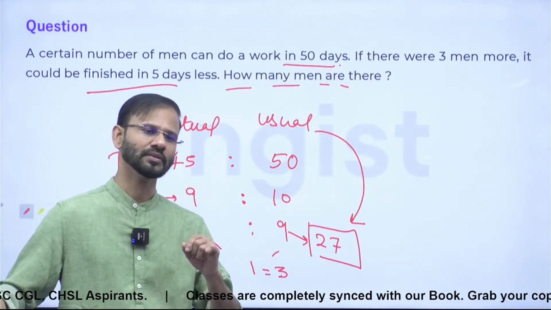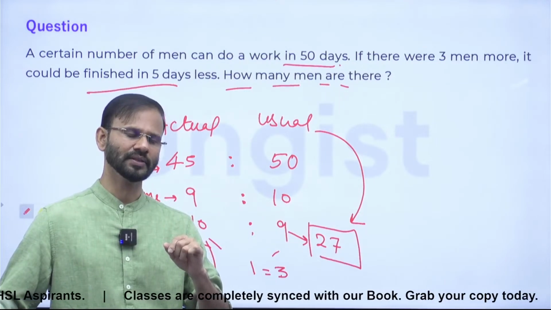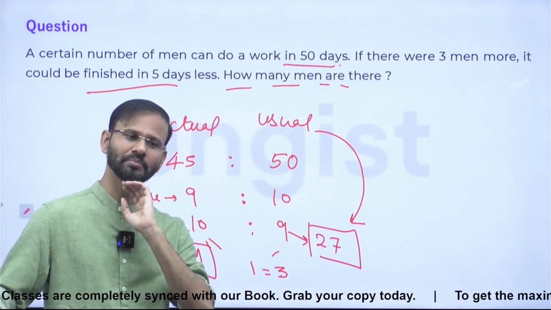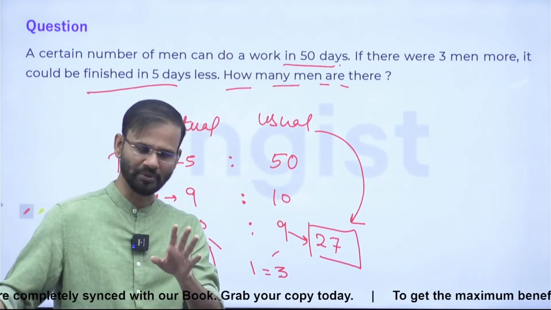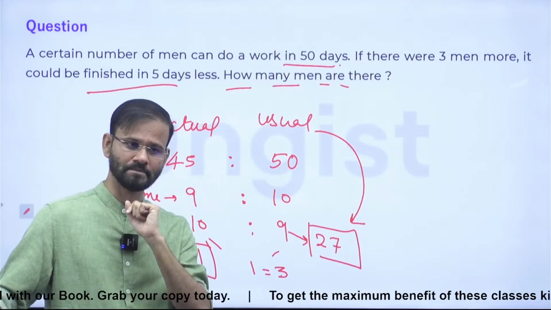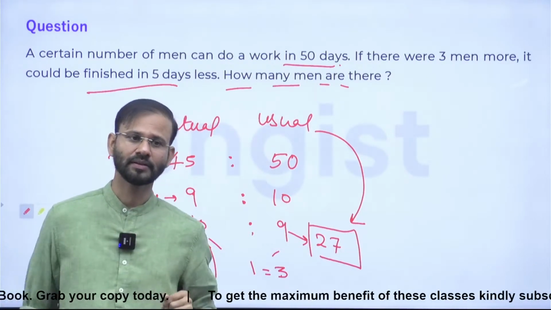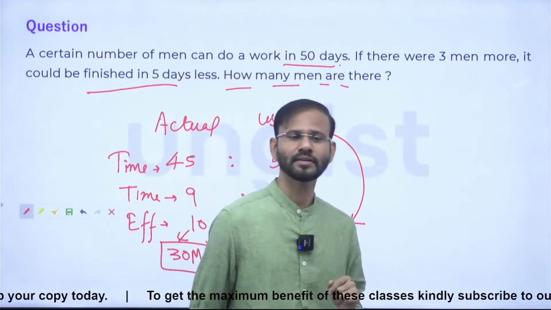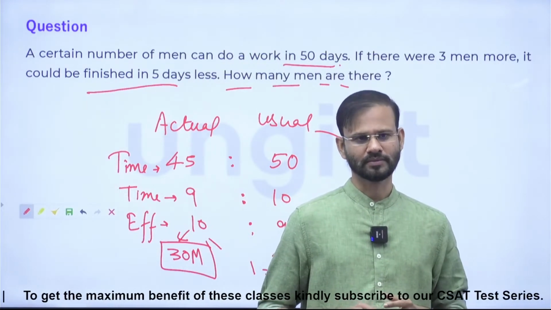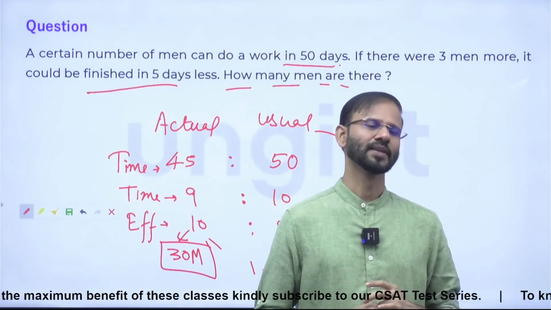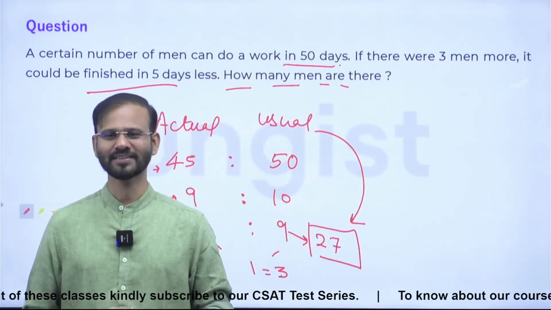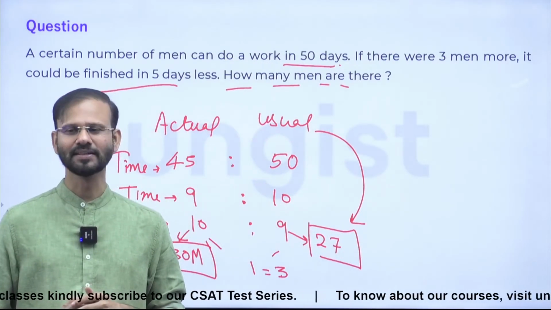We will find the efficiency to know how much work was done in 6 days. How will we find it? If I find the efficiency of 1 man, then I can find the work done by these 45 men in 6 days. Actually, 1 man is not required, it will be lengthy otherwise.